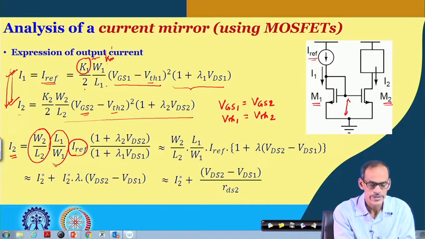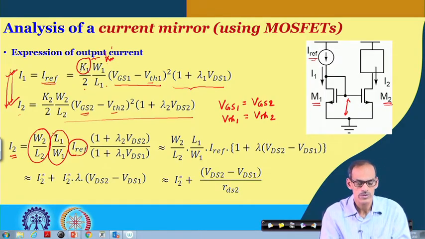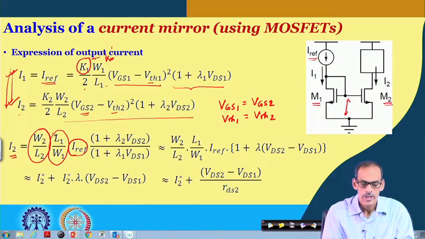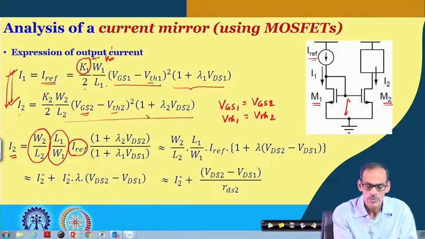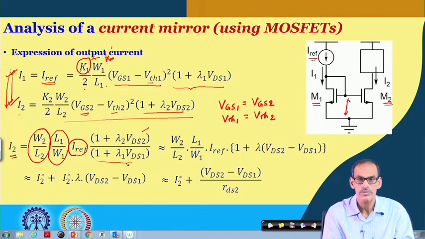So, that is the ratio of aspect ratios of the two transistors, and then we also have 1 plus lambda VDS of transistor 2 divided by 1 plus lambda VDS of transistor 1.